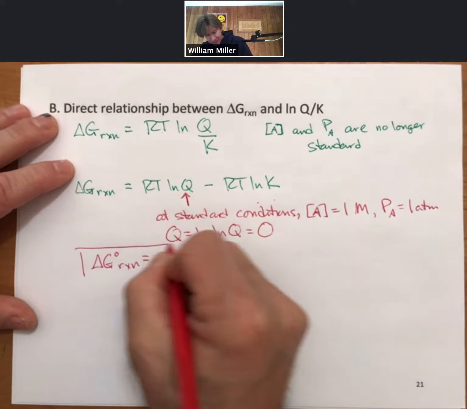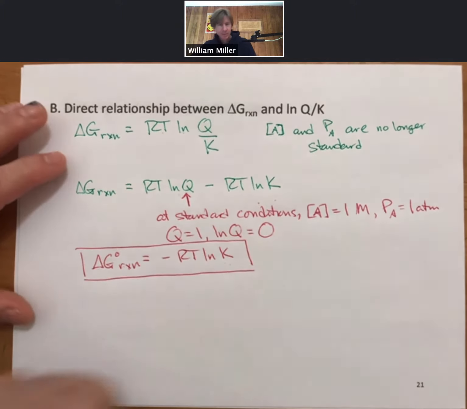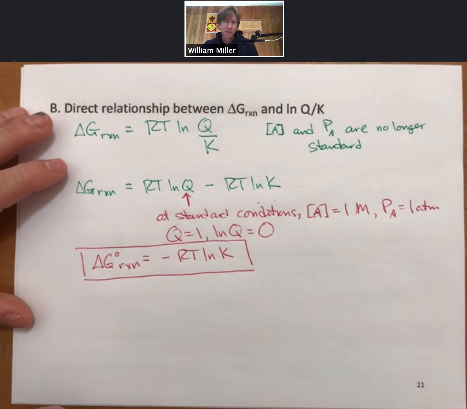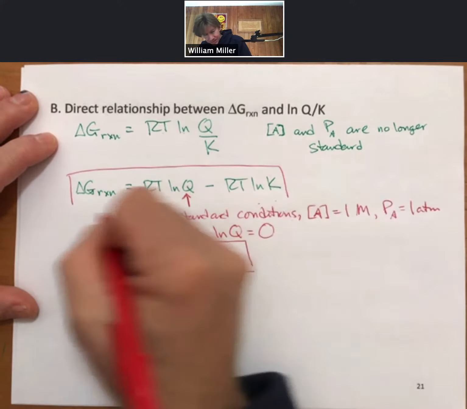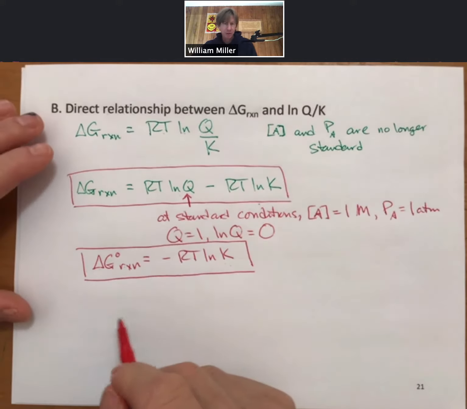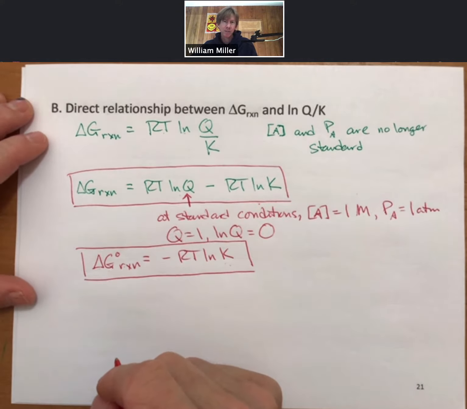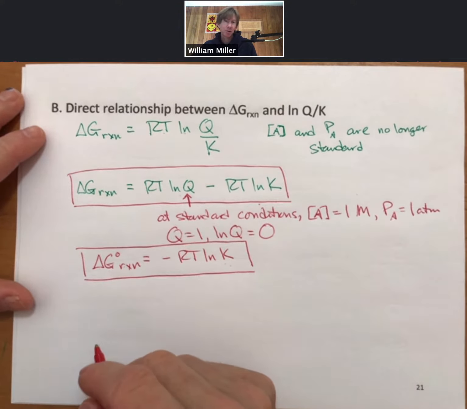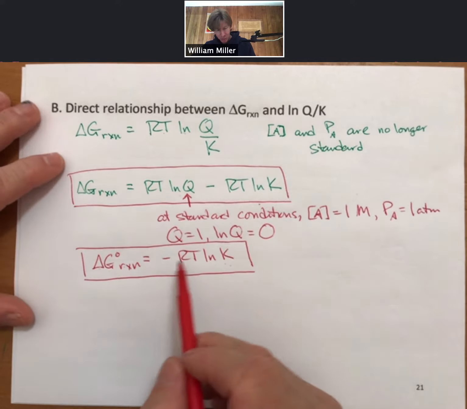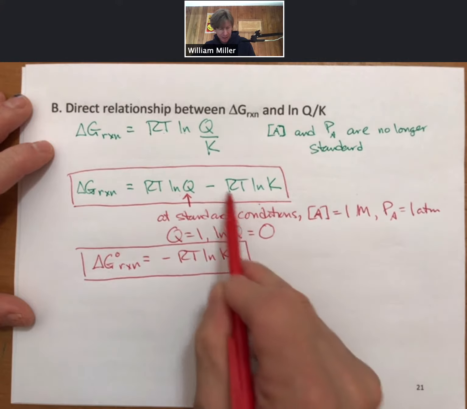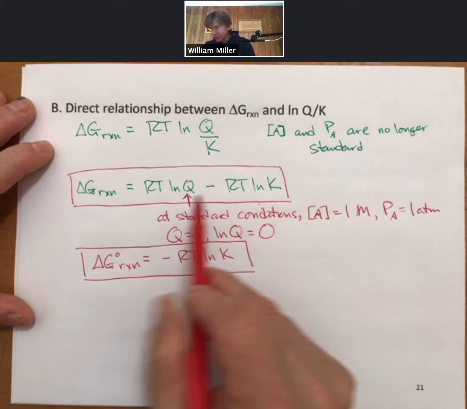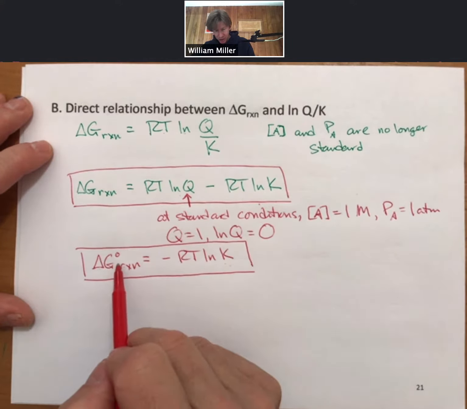And so this is an equation that we will use quite a bit. Then we'll create a third equation that will be the most powerful equation in this chapter, where instead of minus RT ln K here, we will put in delta G not reaction.